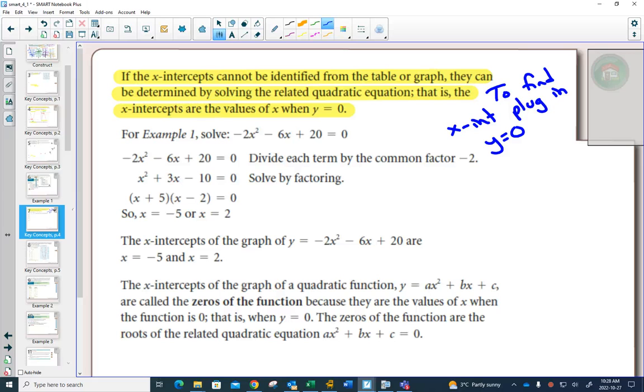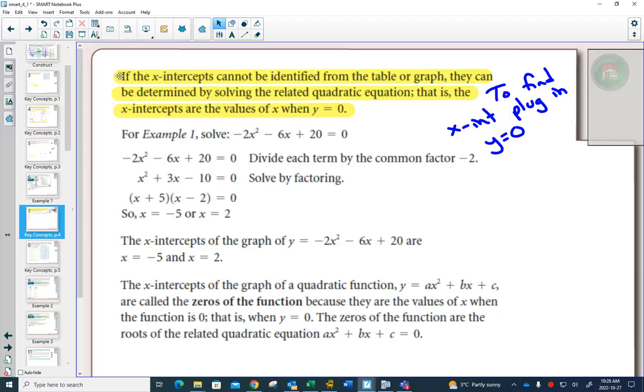Okay? So we look at an equation that we have, we plug in 0 for y, and now it's solving just like chapter 3. How can you solve this? Well, we have options. You can factor. Factoring is often the fastest, but doesn't always work. You can complete the square, or you can use the quadratic formula.